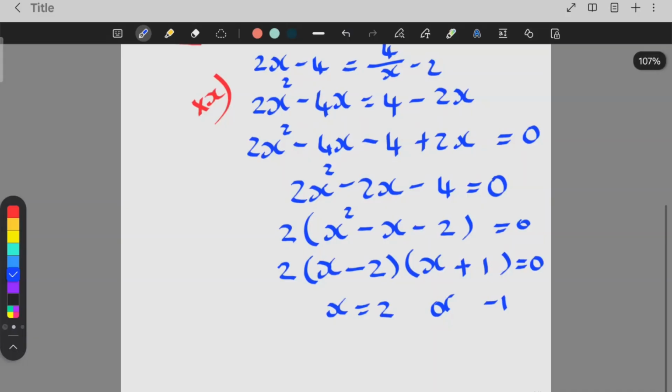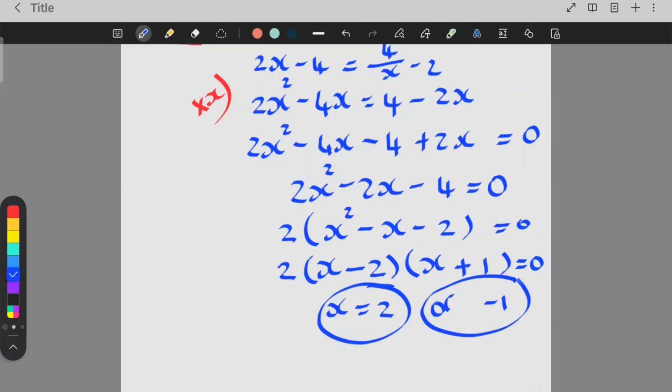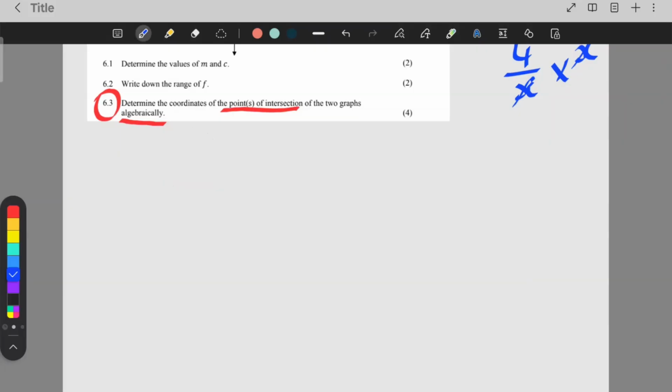But remember, points of intersection, you need an x value and you need a y value. So I have this x value and this x value. So I need to sub them into one of the equations, right? So my answer was x was 2 or x was negative 1. So I'm going to take any one of the equations.